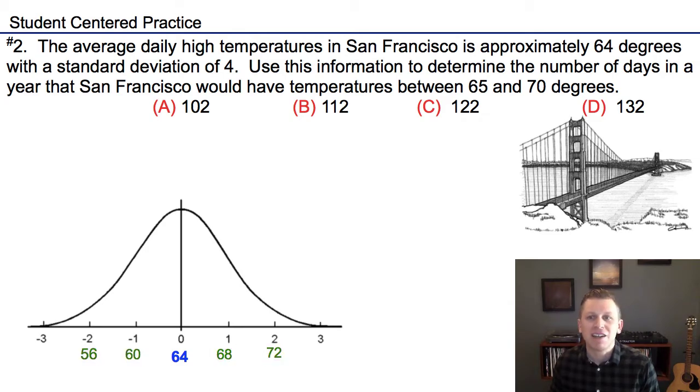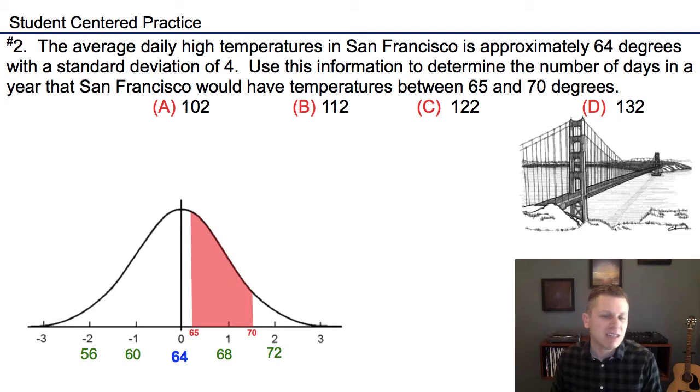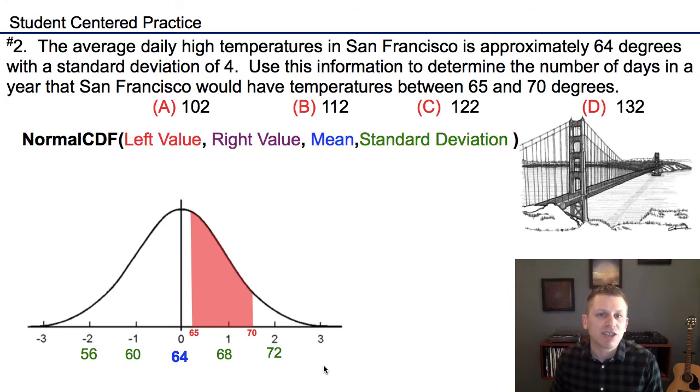Here we want to find when is the temperature going to be between 65 and 70 degrees. So that's going to be about here. A nice percentage of data, but certainly much less than 50% of the data, as the mean here cuts off where half the data is. I'm going to bring up my normalcdf function. Plug in the leftmost value. The leftmost value here is 65.